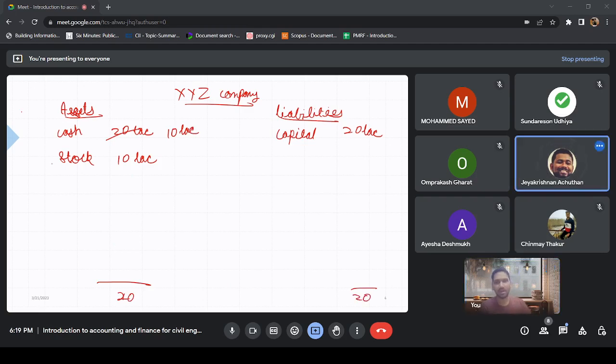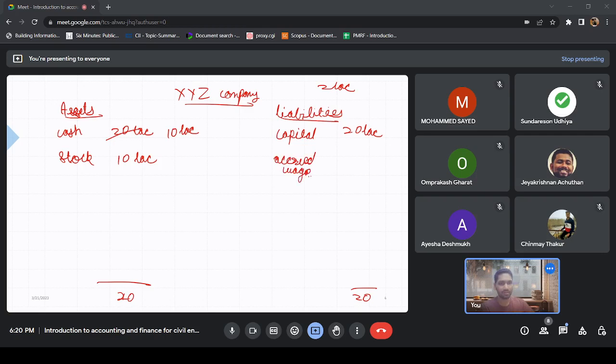Once this stock is of 10 lakh, let's suppose to make this a sellable product, you have to include 2 lakh of labor. Let's suppose after 1 month, what would be your wages if you have not paid it?